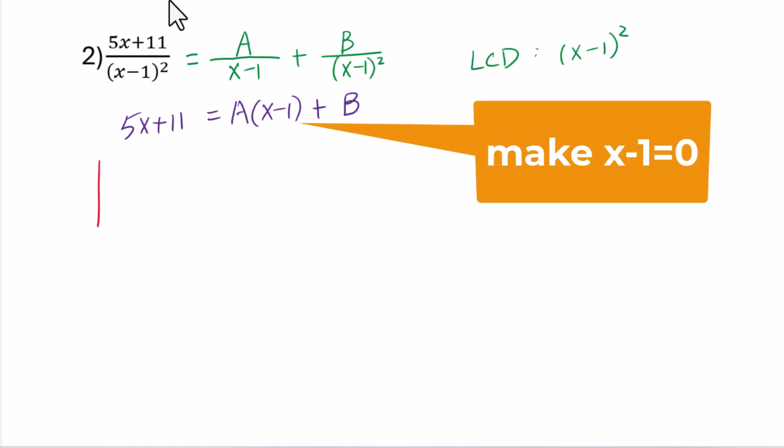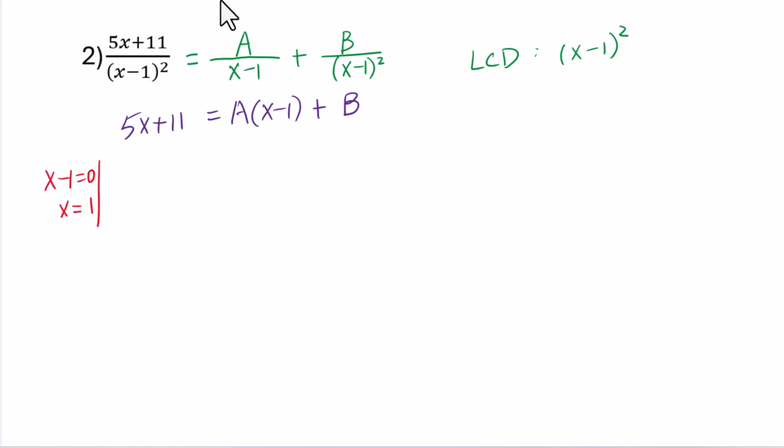We will make x minus 1 equal to 0, x equals 1. Substitute 1 for x. 5 times 1 plus 11 equals, this will be 0, b. 16 equals b.